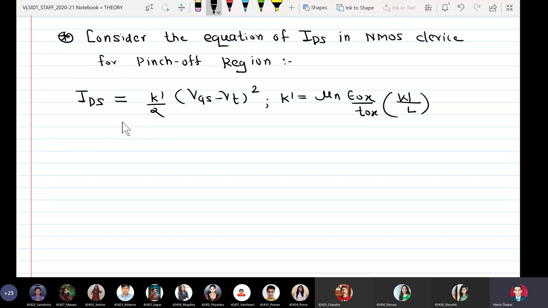So we see here that IDS is equal to K dash upon 2 into VGS minus VT whole square.